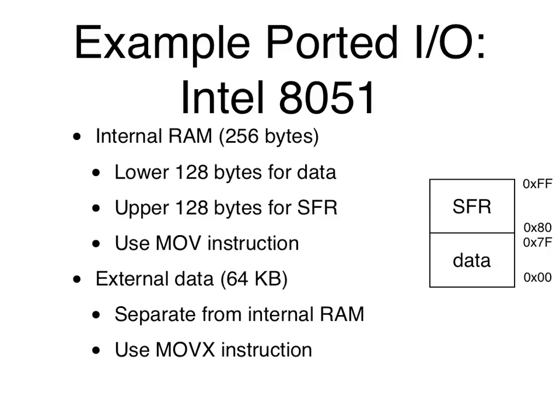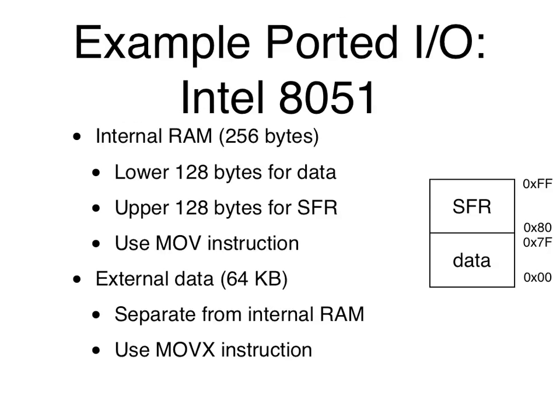Now, as an example of ported I/O, we have the Intel 8051, which is the instruction set for the same processor that we used on the EcoPT here. This Intel 8051 has a couple different memory spaces. They have what's called the internal RAM and external RAM, and then code space.